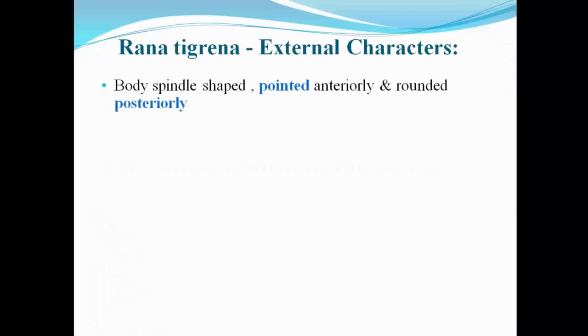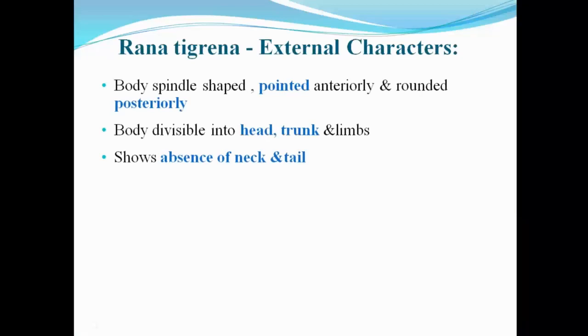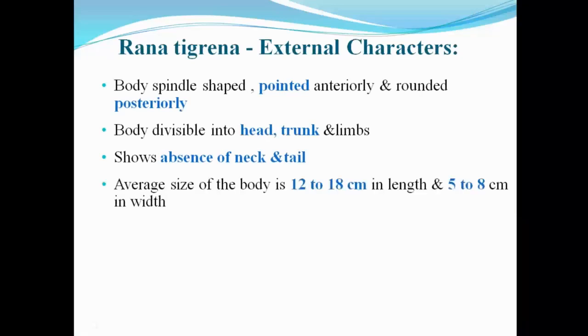Its body is spindle-shaped, that is pointed anteriorly and somewhat rounded at its posterior end. Its body is divisible into head, trunk, and the paired limbs. It shows absence of neck and tail. Its average body size ranges between 12 to 18 centimeters in length and 5 to 8 centimeters in width. Its thin, moist skin is tightly fitted on its body.